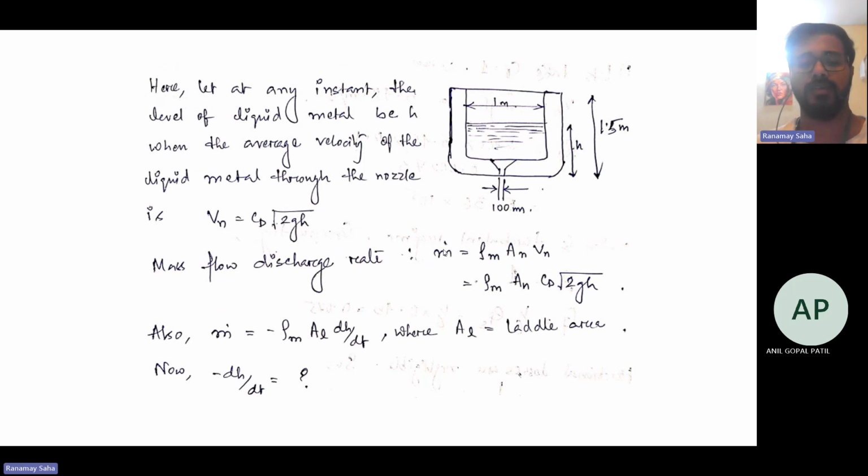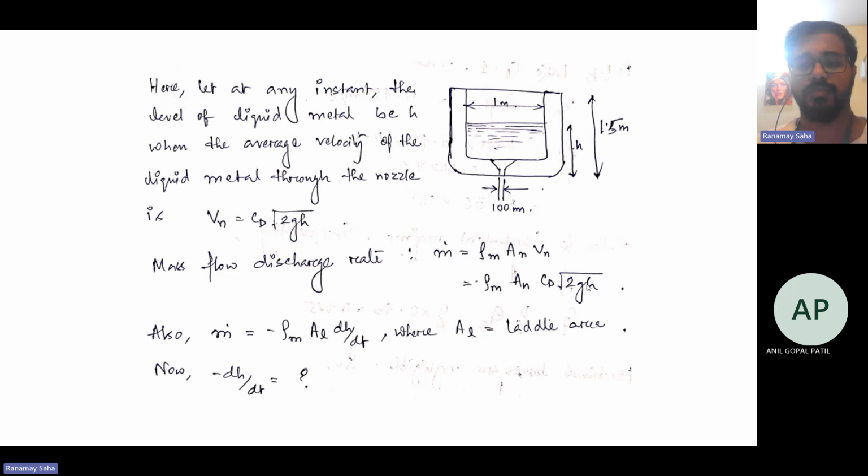Now here you can get the mass flow discharge rate. The formula for that is given by m dot, where the dot represents the flow rate, equal to rho A V. Here rho is the density of the molten metal, AN is the area of the nozzle, and then the velocity of the metal, Vn.